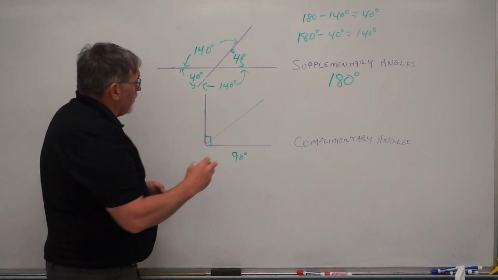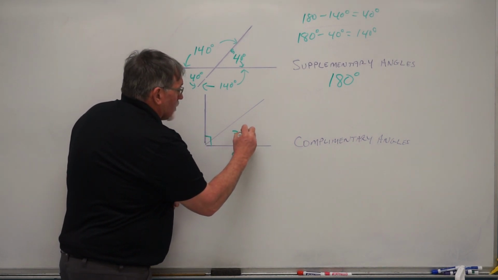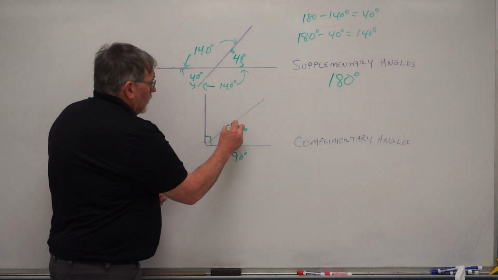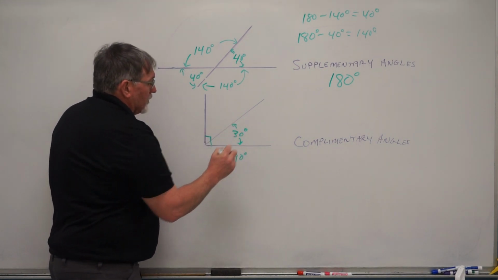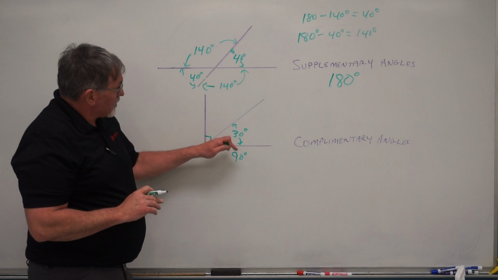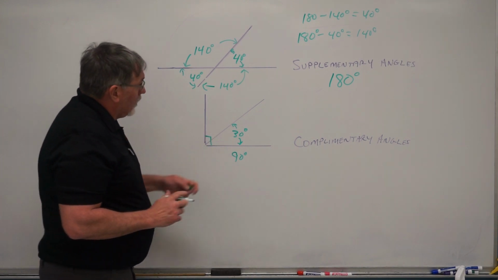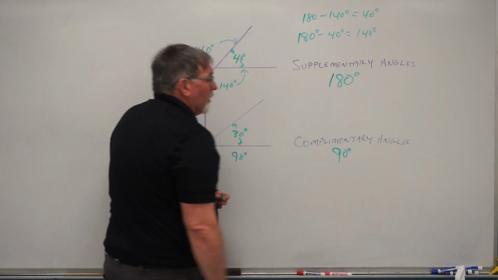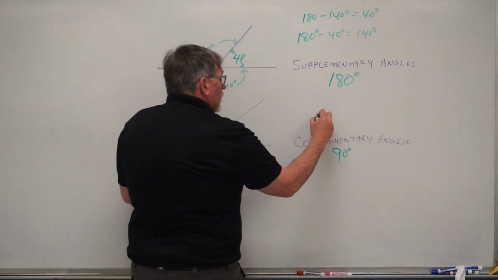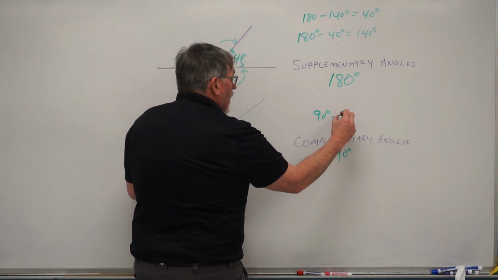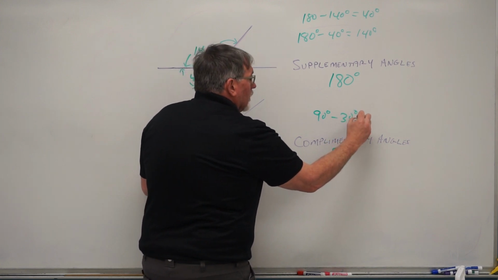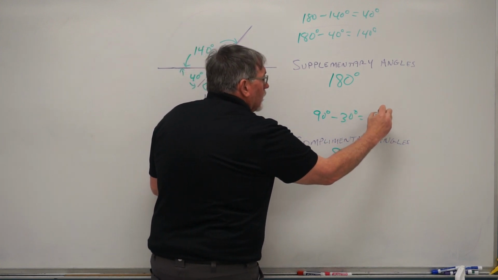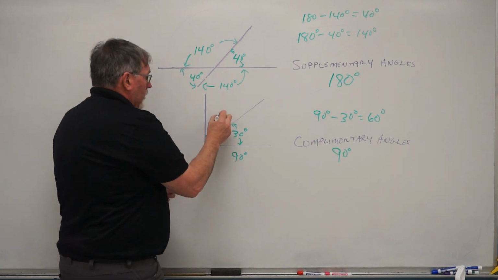So if I give you this angle, let's call this a 30-degree angle, from this line to this line. So if this is 30 degrees, how much is this angle? Well, again, some simple math tells us, and all complementary angles are 90 degrees. So 90 degrees minus 30 degrees equals what? 60 degrees.